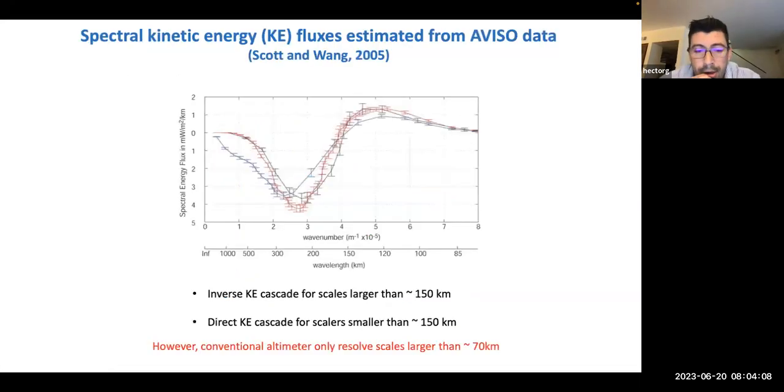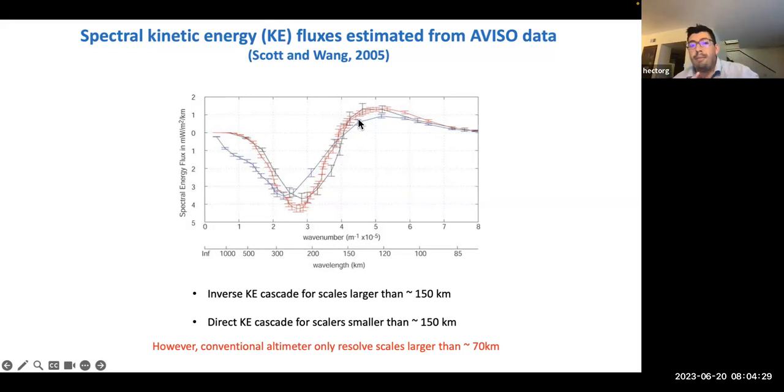So in 2005, Scott and Wang used conventional altimeters to estimate the nonlinear kinetic energy fluxes, and they were able to identify the inverse kinetic energy cascade, but also the direct kinetic energy cascade.